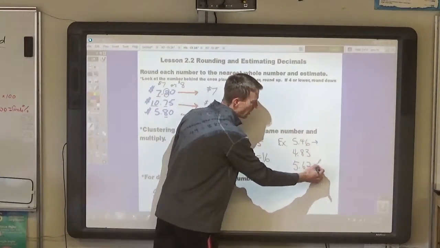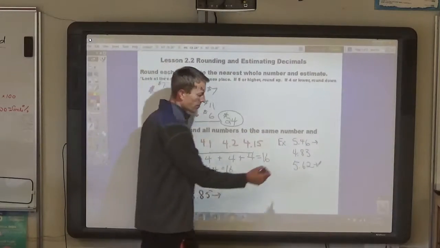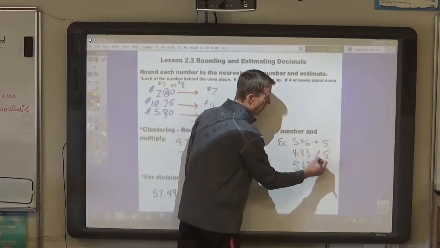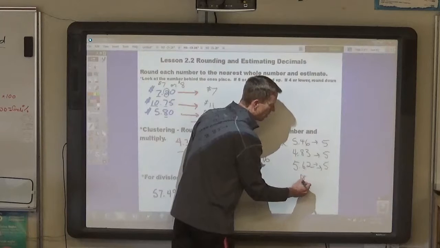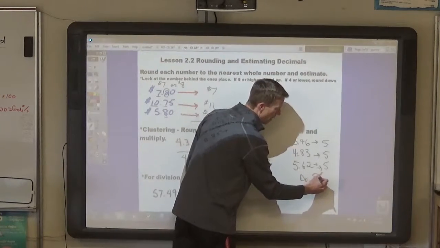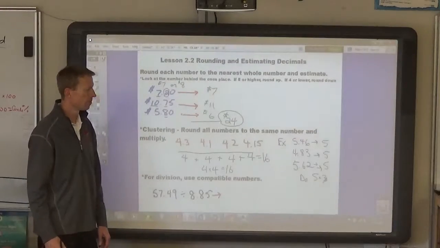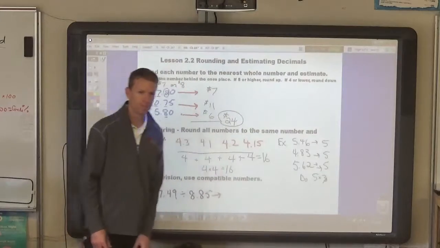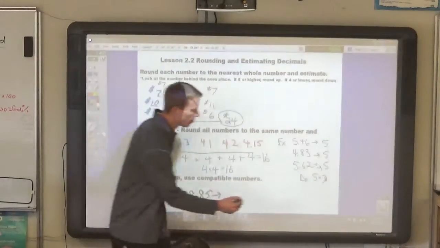The other one, that one's kind of close to 6. But for clustering, you could round this to 5, 5, and 5, and then do 5 times 3 to get the answer. Since there's 3 5s, you could do 5 times 3. Okay? 15. 15, yep.